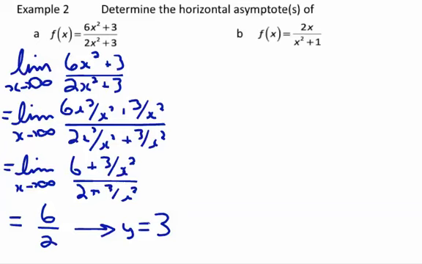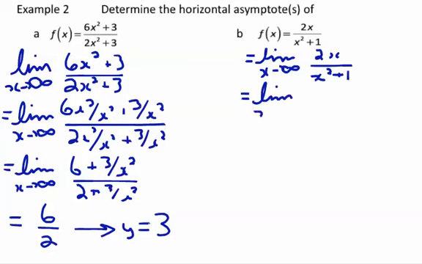So we'll do the same thing on question B. We'll take the limit as x approaches infinity of this function, and divide by the highest power of x, which is again x squared.